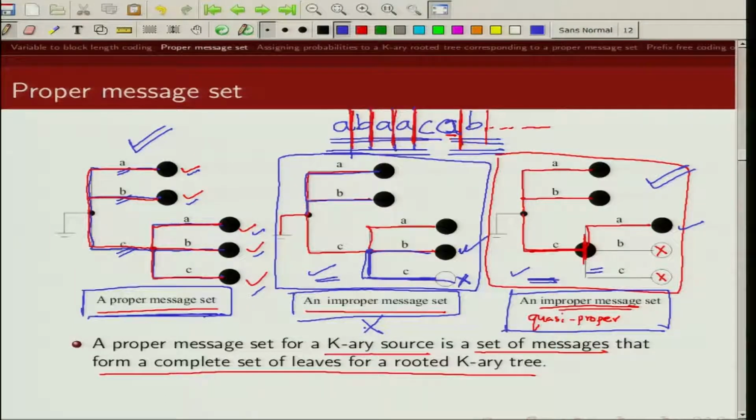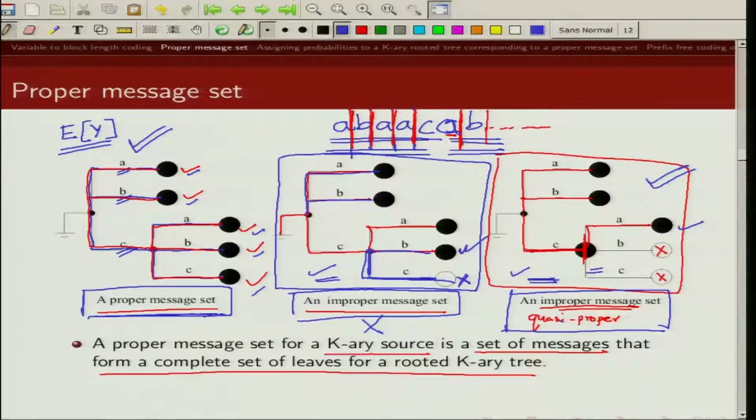Now remember our objective is to maximize the expected value of input code word length. We want to maximize the expected value of y. In the case of a proper message set, we know a method to find the optimal code which will maximize the expected value of y.